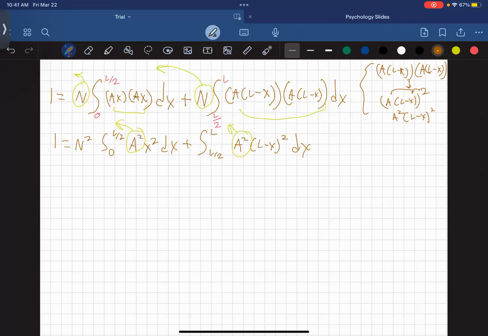So 1 is equal to N squared, A squared, integral 0 to L over 2. Make sure you're keeping your limits on your integral. She almost definitely will be checking for that on this type of problem.